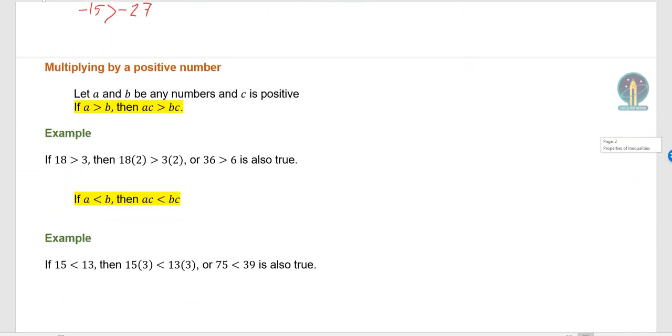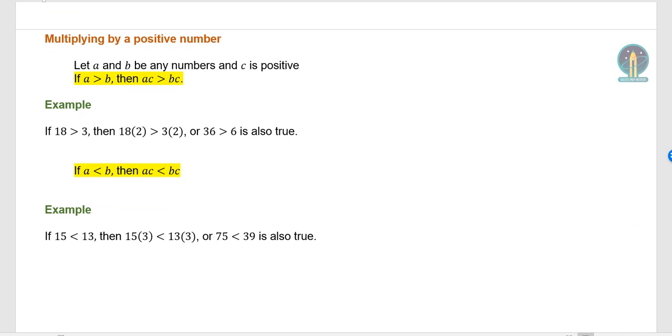Multiplying by a positive number, the inequality sign stays the same, okay? Because the relative absolute values are still the same. They haven't been flipped over. There was no change in sign, so we don't have to flip the inequality sign.